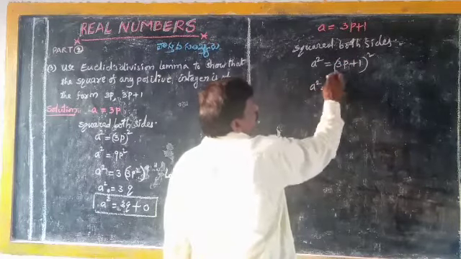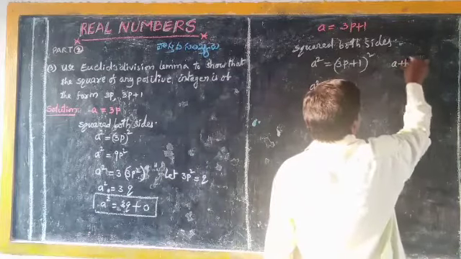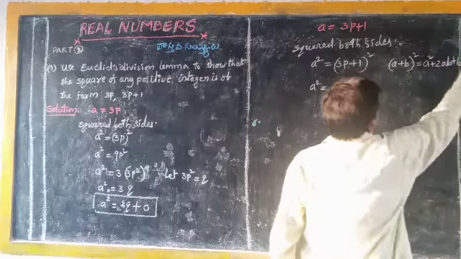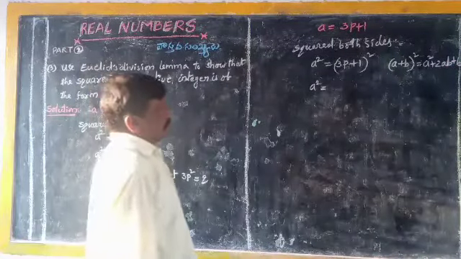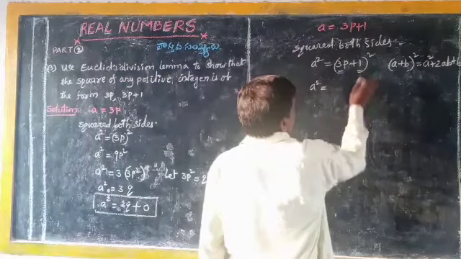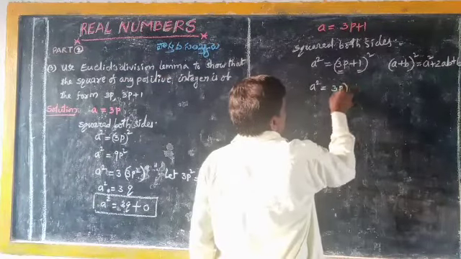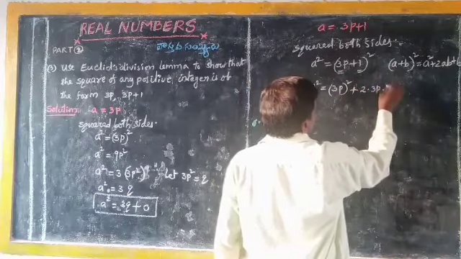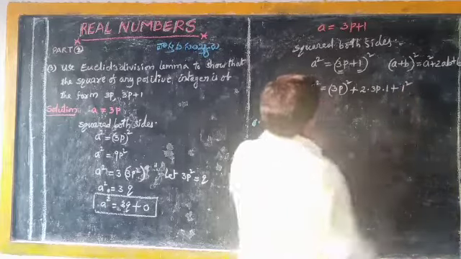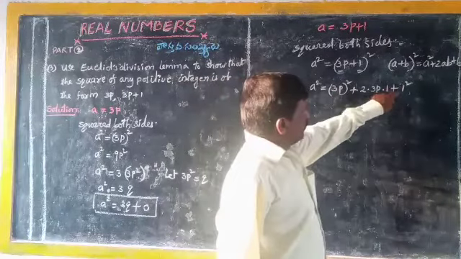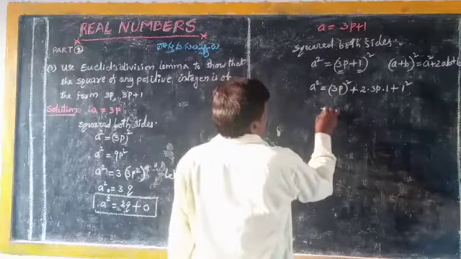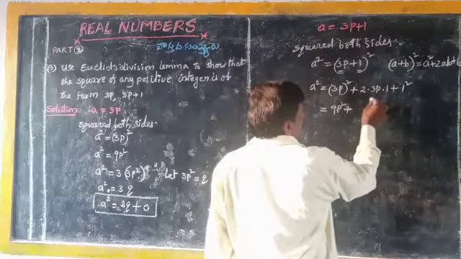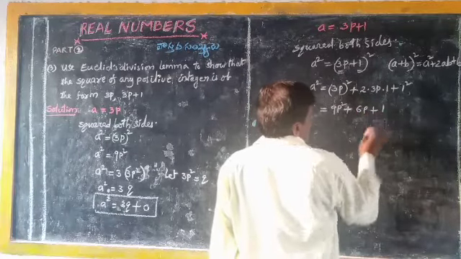Using (a plus b) whole square is a square plus 2ab plus b square, where a is 3p and b is 1: a square is 3p whole square, 9p square, plus 2ab, 2 into 3p into 1, which is 6p, plus b square, 1 square, which is 1.